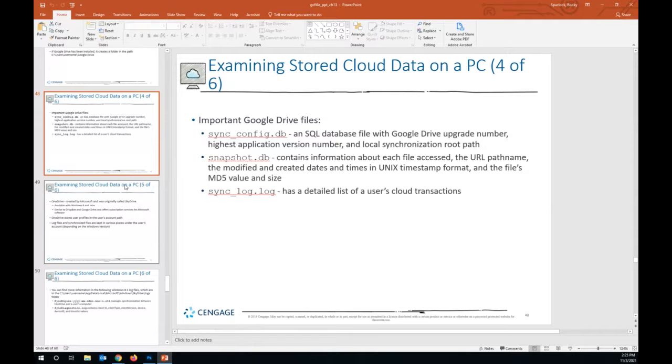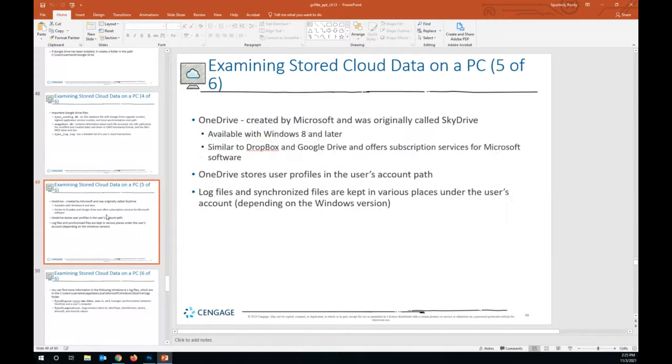Snapshot.db contains information about each file accessed, the URL path name, the modified and created dates and times in a Unix timestamp format, and the file's MD5 value and size. The sync_log.log is going to detail the list of the user's cloud transactions.